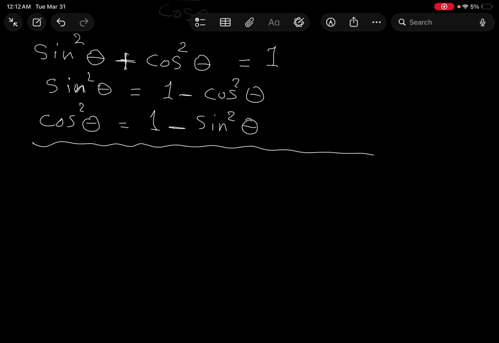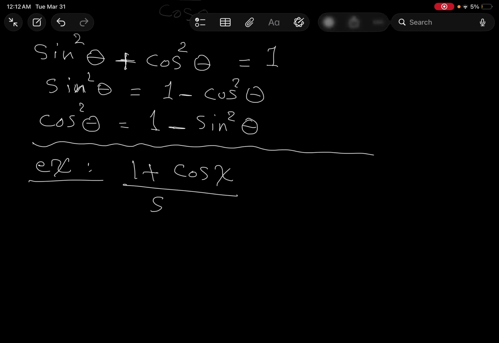Example: write the expression 1 plus cosine x over sine squared x in terms of a single trigonometric ratio.